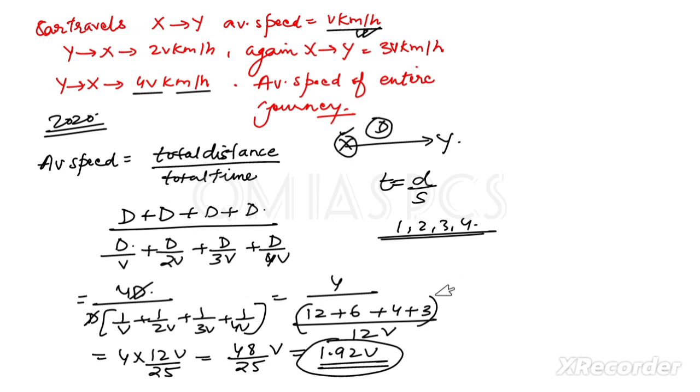Okay, now you tell me, is it difficult or easy? If you know the formula, if you know the basic thing, like what is the average speed? If anybody asks what the average speed is, just simply say it is the total distance divided by total time. No fancy words like this or that. Just say total distance divided by total time and just calculate based on this.